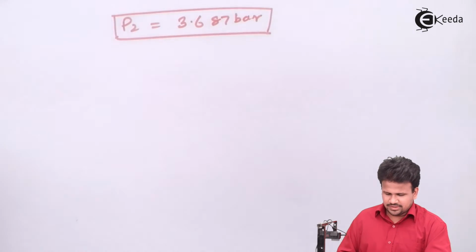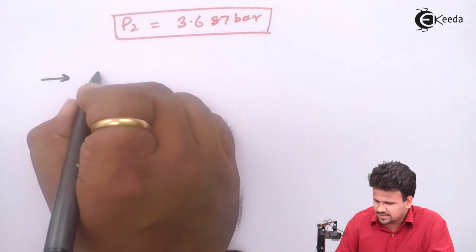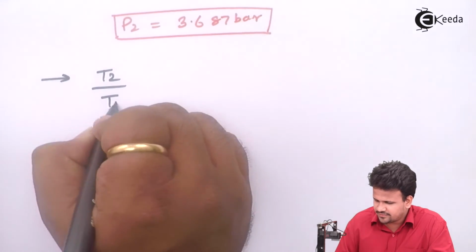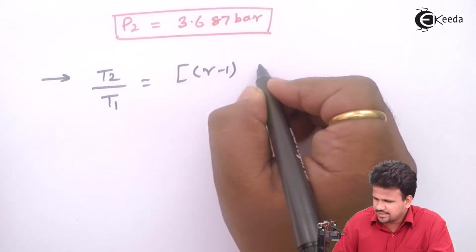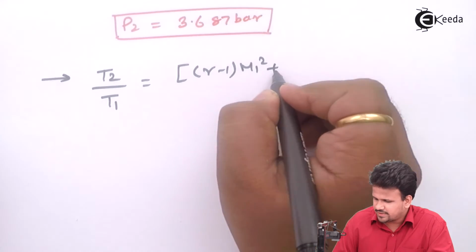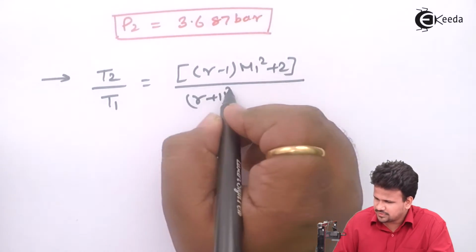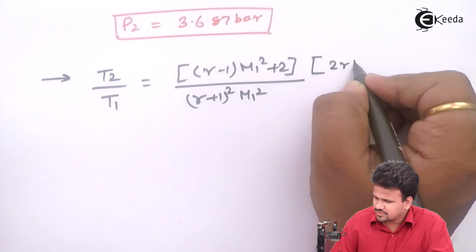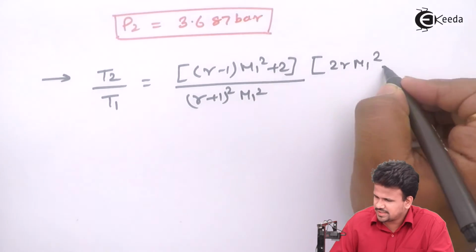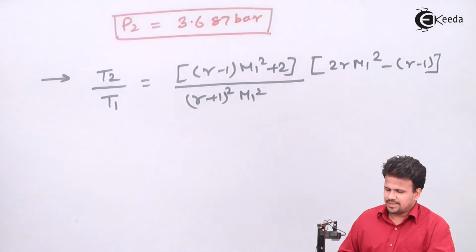Now let us calculate the temperature at the downstream. We have a formula: T2 by T1 is equal to ((gamma minus 1) into M1 square by 2 plus 1) into (2 gamma M1 square minus (gamma minus 1)) upon ((gamma plus 1) the whole square into M1 square by 2)... So this is the formula for temperature.